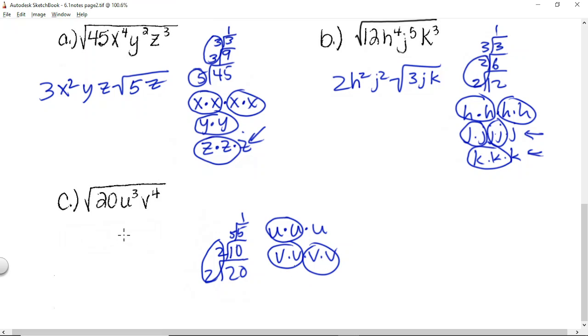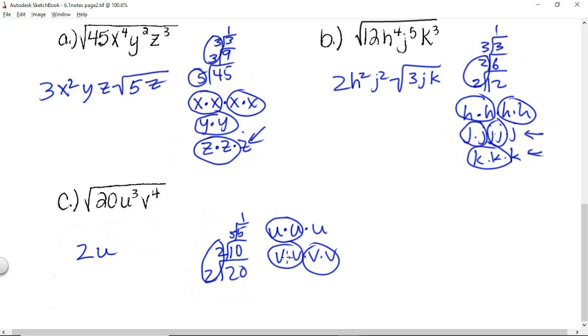And so now let's put this all together. On the outside, for each of these groups, we take out 1. So we have a single group of 2's, so we take out a single 2. And also outside, you have a u, because we have that group, right?